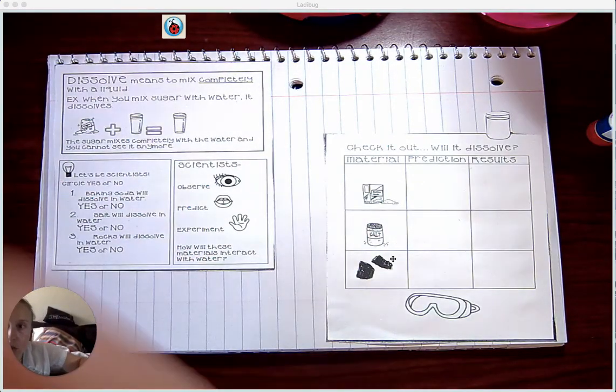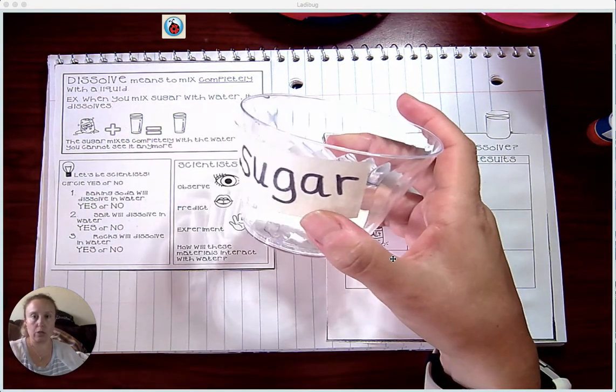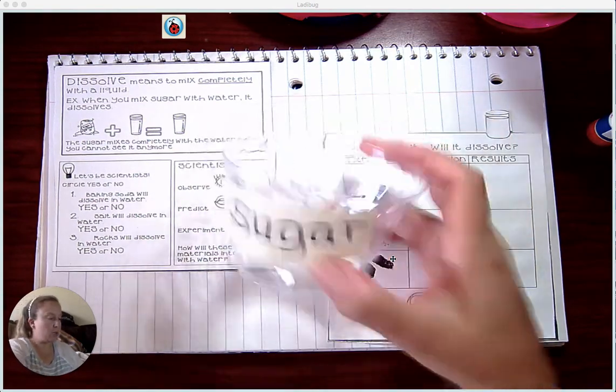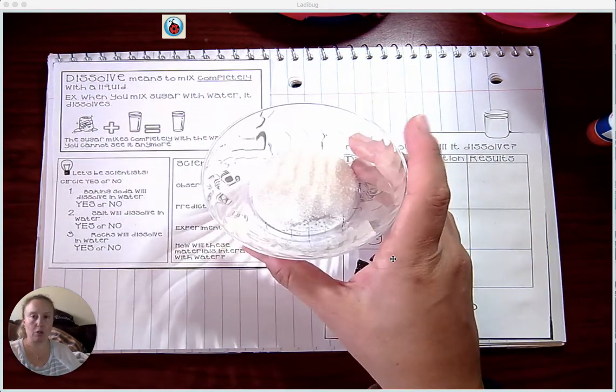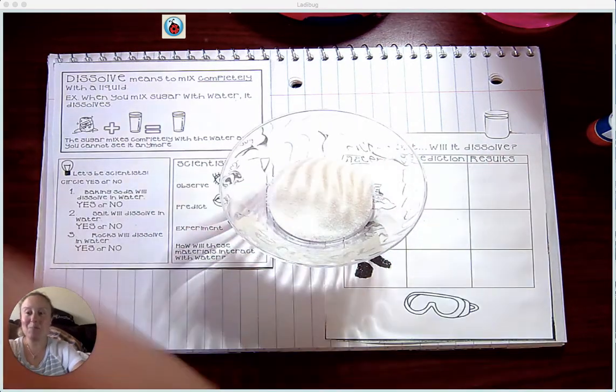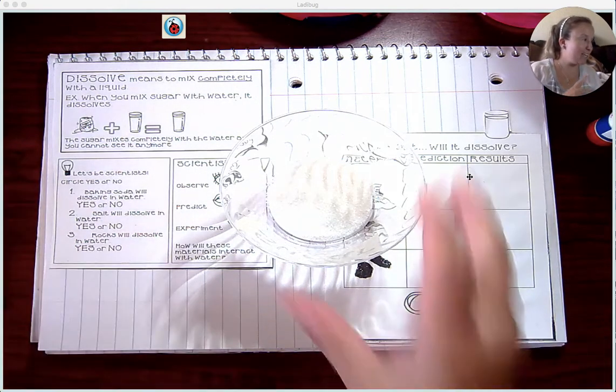So first, we need to talk and we need to perform the experiment with the sugar. So here's the sugar. I should have just done this, huh? Never mind. Oh well. So here I have my cup of sugar, just like we needed for dear old Granny's birthday cake. I might have been hanging out with the wolf this week.